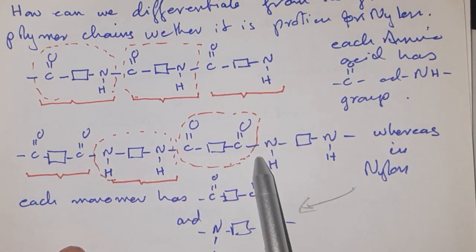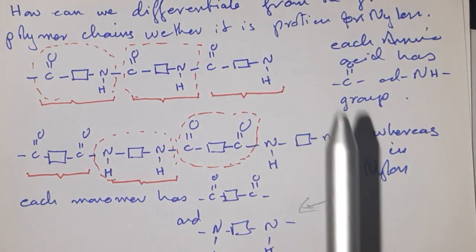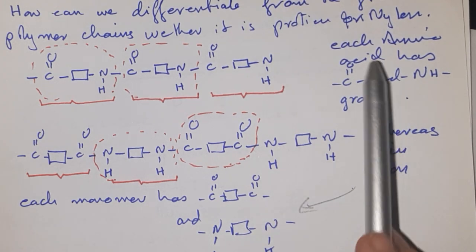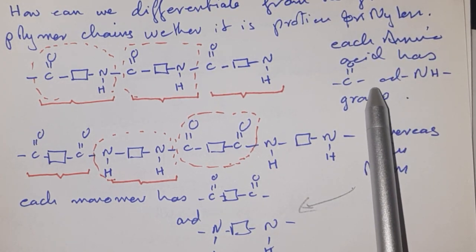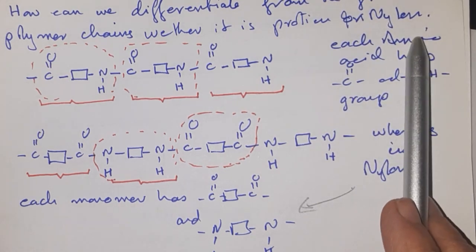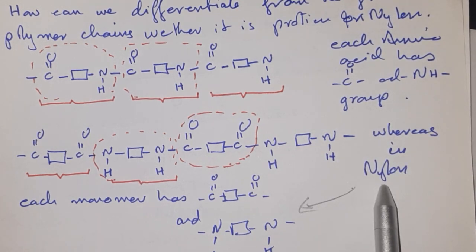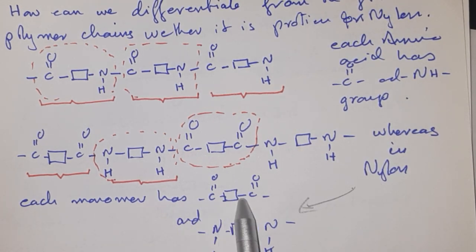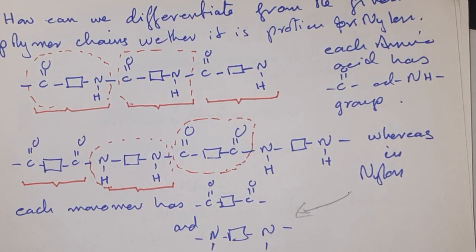So this is the structure of the nylon, and this is the structure of the protein. Each amino acid has a carboxyl and an amino group, whereas in nylon each monomer has two carboxylic groups, so dicarboxylic, or two amino groups, so diamine.